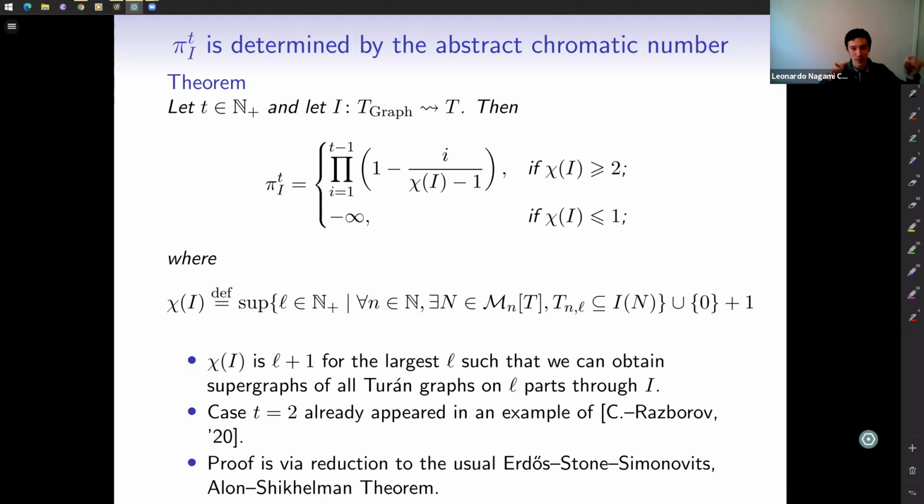There is a proof, but it involves a little bit of work. I will talk about the induced case at the end, and maybe I'll talk a little bit about how you get the usual chromatic number out of this thing. But it would be a little bit circular because the proof of this reduces to the original Erdos-Simonovits theorem. So technically, you already need to know that that is true. So it's not really fair to say, oh, let's use this to prove the Erdos-Simonovits theorem.